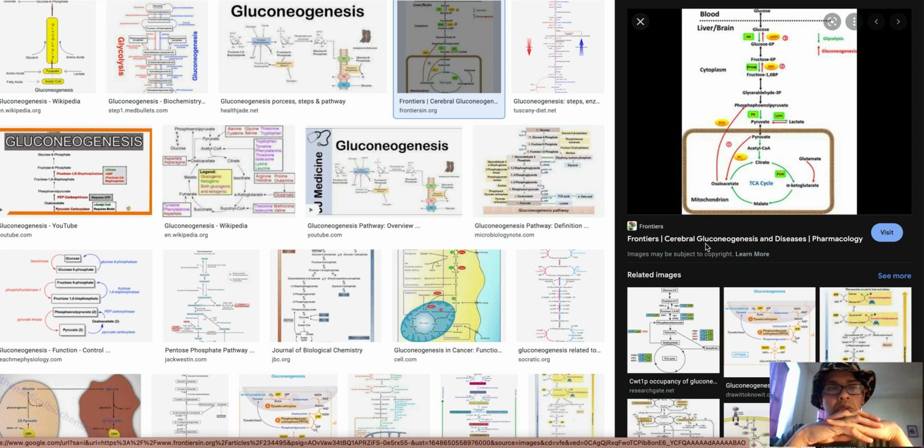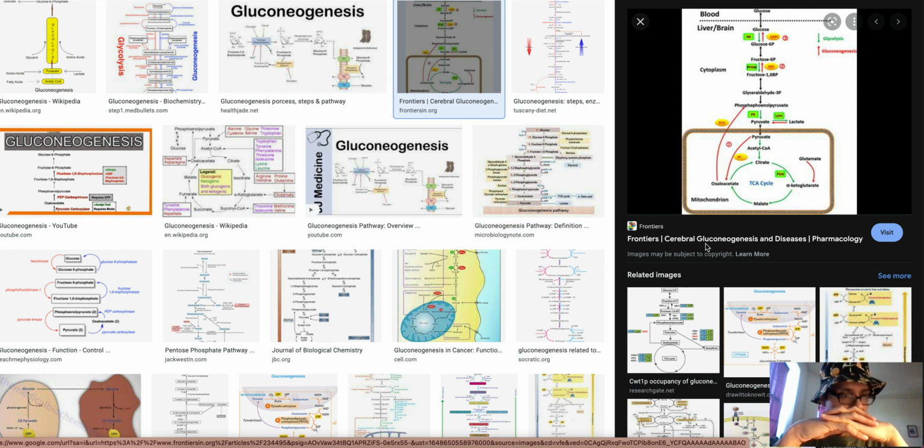So normally your cells need glucose to function, right? All of your cells take in glucose, and they send the glucose through the process of glycolysis, which I've detailed in previous lectures, and which you probably know about from high school or college biology.